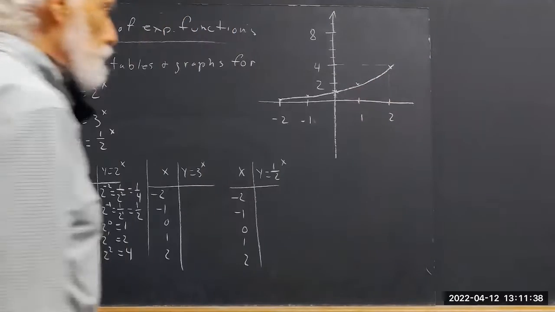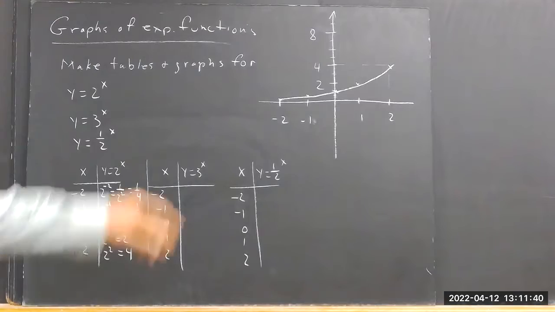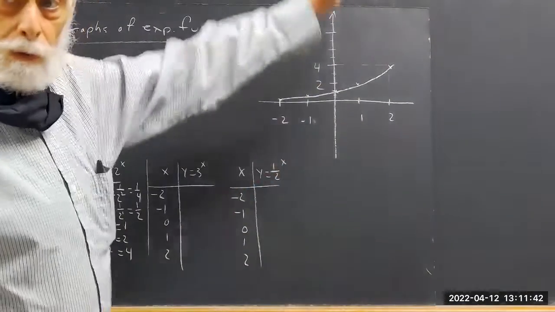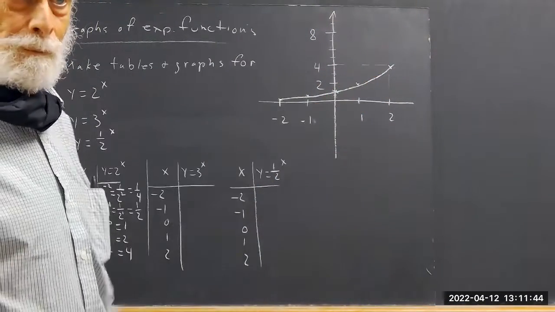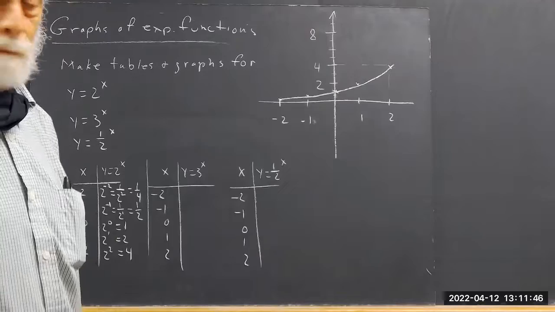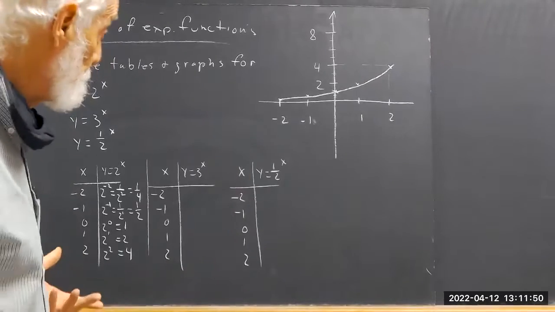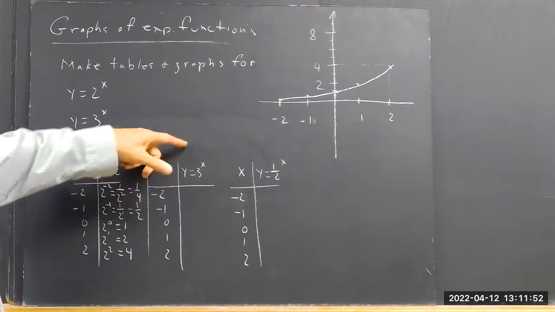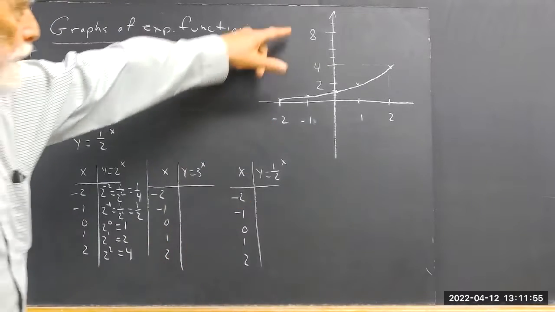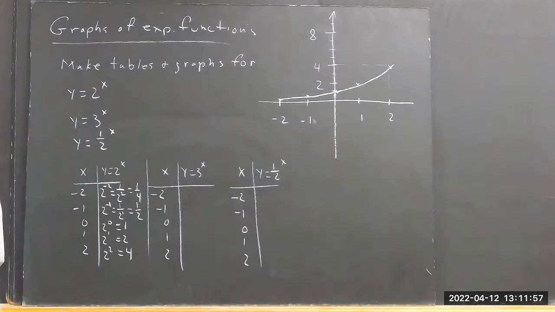We're going to have a graph that looks like this. Now we're used to 4 being a little higher, so the graph looks a little steeper, a little curvier. That's just relative to the scale we use. Okay. And to get the 3 to the x function, we're going to need to use scale up here.